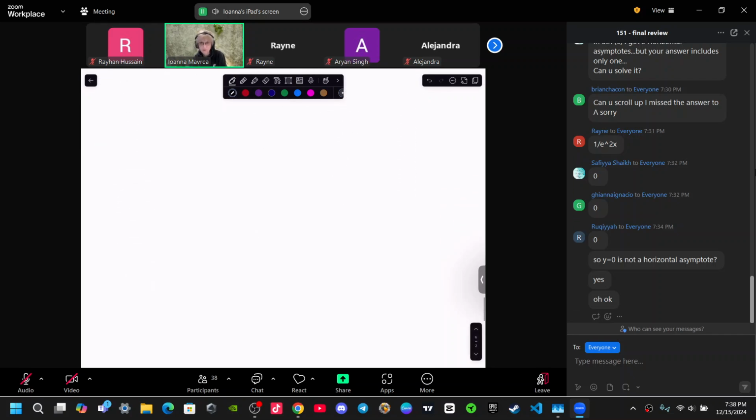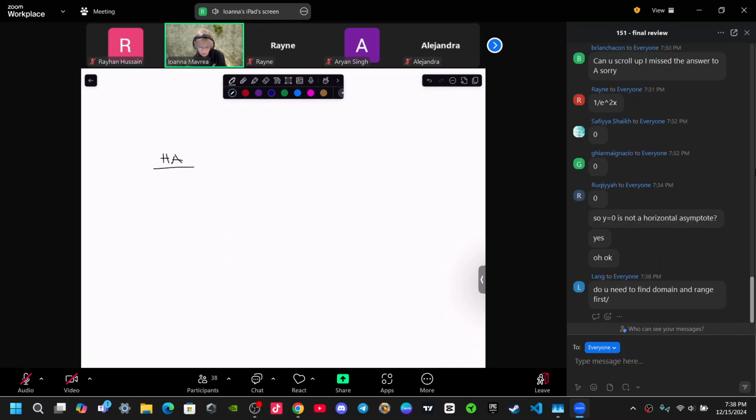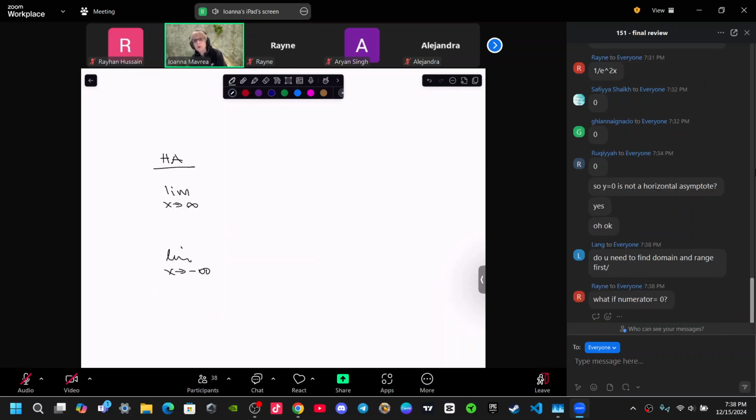In C, the process is the same. So horizontal asymptotes, you look at the limit as x goes to infinity and the limit as x goes to negative infinity. And if you get a number, you simplify.